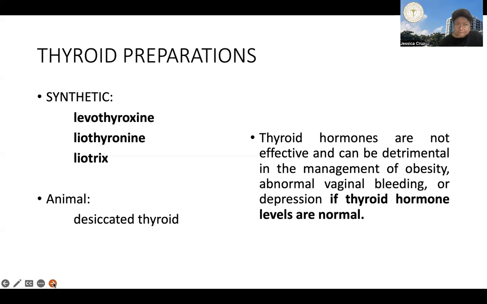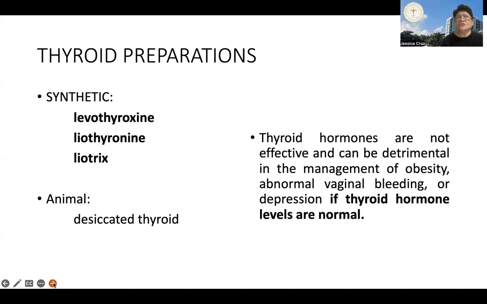Now, in using thyroid hormone replacement, please remember that this is only done when there is a lack of thyroid hormone. So when you are hypothyroid, especially when it is symptomatic, you do not do this if the thyroid hormone levels are normal. So thyroid hormones are not used in the treatment of obesity.